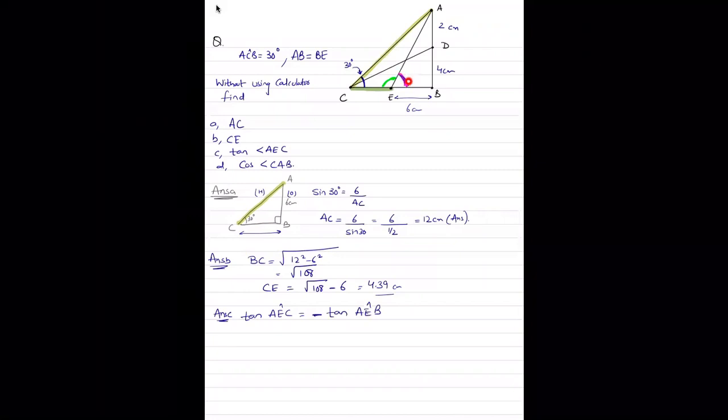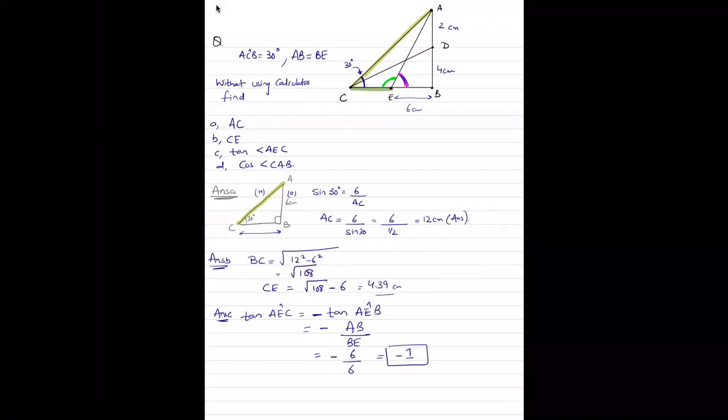Now with respect to this acute angle, what will be my tan theta ratio? The tan theta ratio is perpendicular upon base. So the negative of tan AEB is going to be perpendicular, the length AB, divided by adjacent or base, the length BE. So what is the value of AB given in the question? 6. And what is the value of BE given? 6. So 6 upon 6. Right. So the answer is going to come out as -1. So the ratio comes out to be -1.